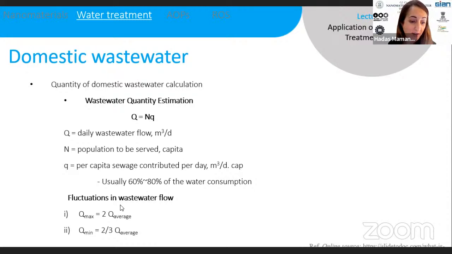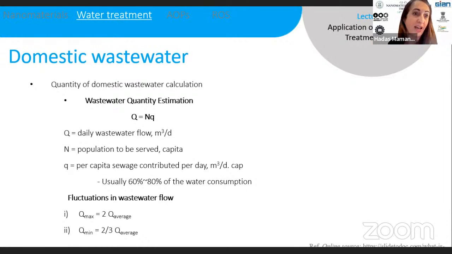Of course, there are fluctuations in the wastewater flow between the maximum and the average. For example, maximum sewage flows are usually in the morning and evening, and then at night, of course, there's minimum flow.